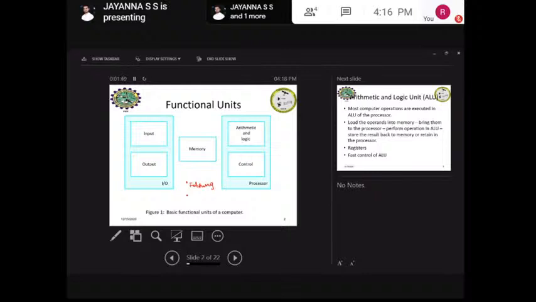The second step is decoding. Decoding is nothing but identifying what type of operation the computer wants to execute. Once the decoding is performed, the last step is execution. So these are the three stages involved in executing any instruction.